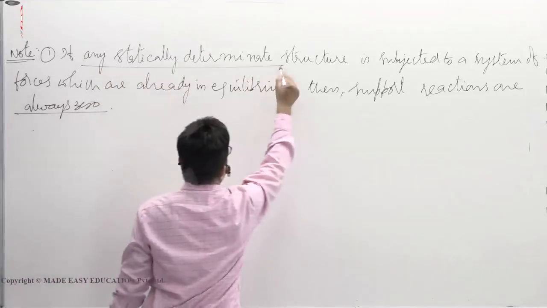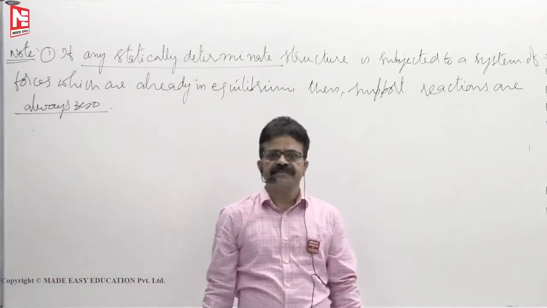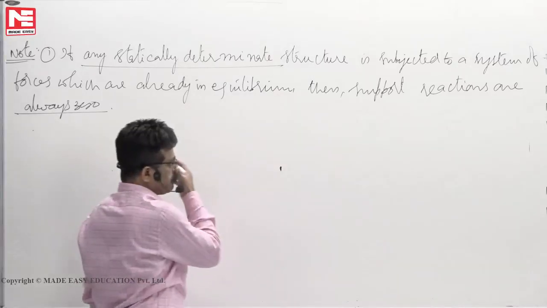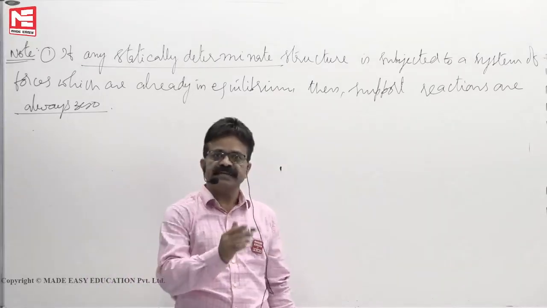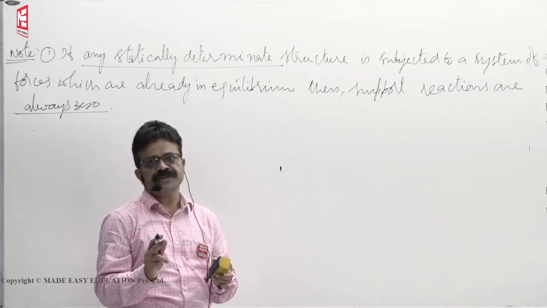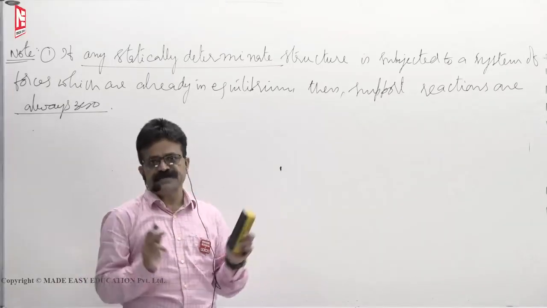But this is valid only if it is a statically determinate structure. For indeterminate structures, even if you apply a system of forces which are already in equilibrium, reactions may develop.